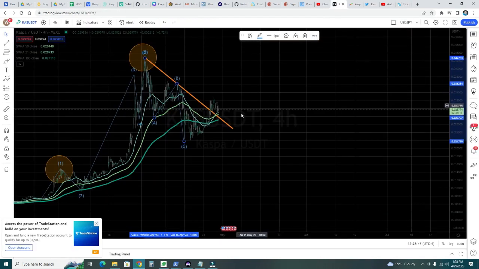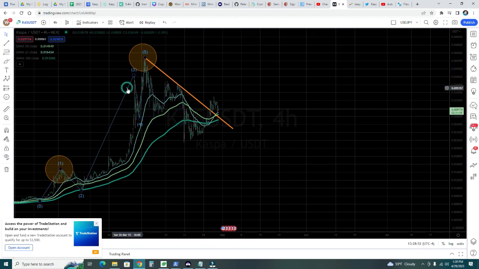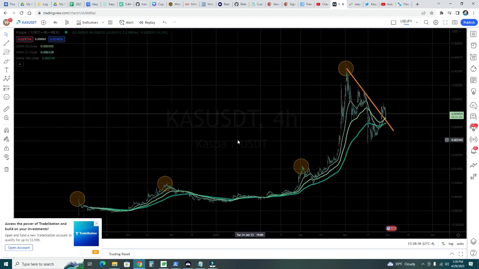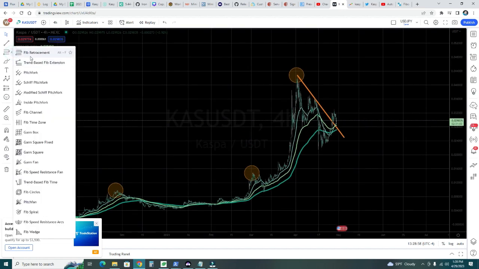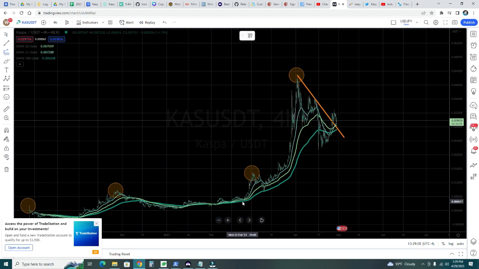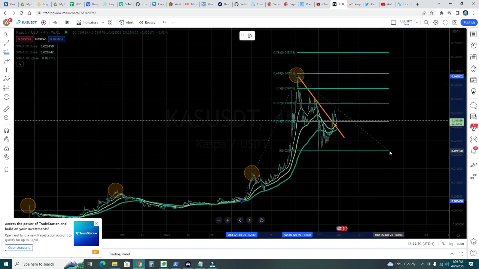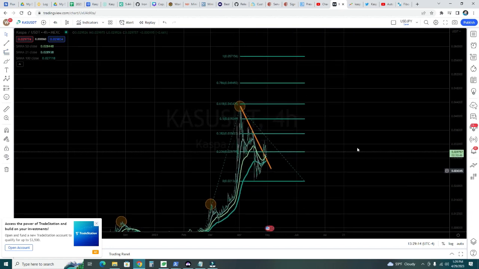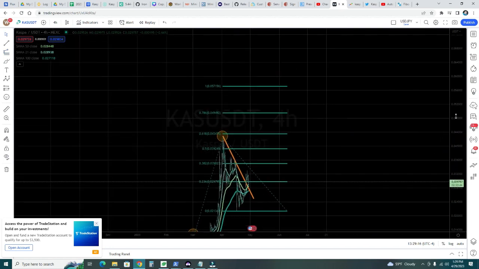So I'm going to go back to my chart and delete this. What I'm going to do now is use the trend-based Fibonacci extension. If I assume all these 5 moves are one big wave, and then I have a correcting pattern, wave number 2, I can project what the third wave is going to look like.